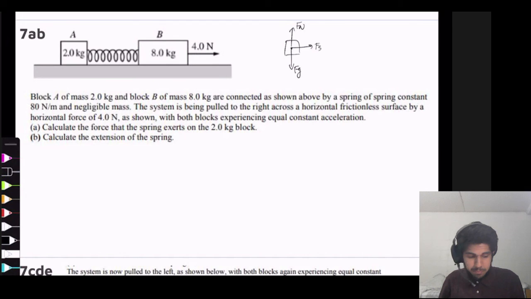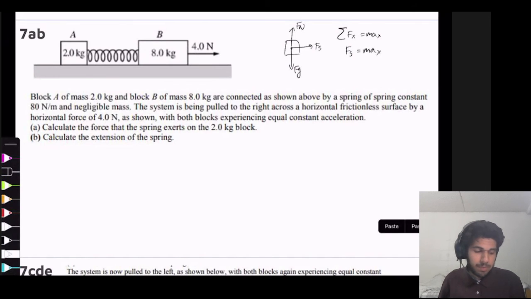That's about it. So if we sum the forces in the x direction, that's equal to mass times acceleration in the x direction. So F_s is equal to mass times acceleration in the x direction. We're trying to solve for this F_s. We have mass, we just need this acceleration term.